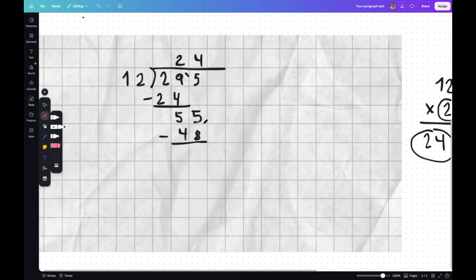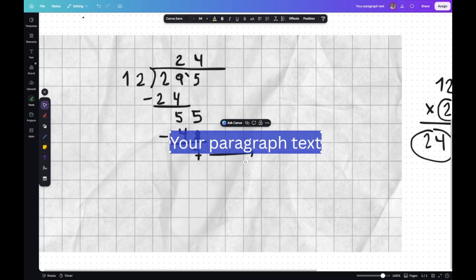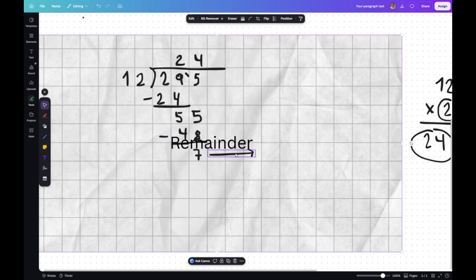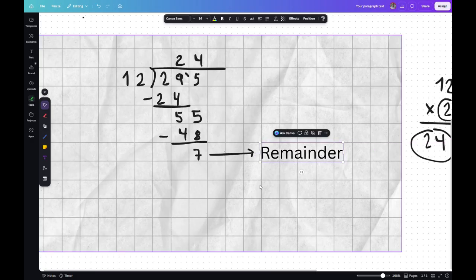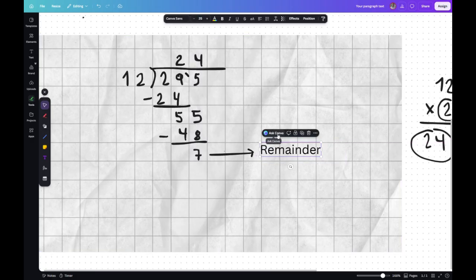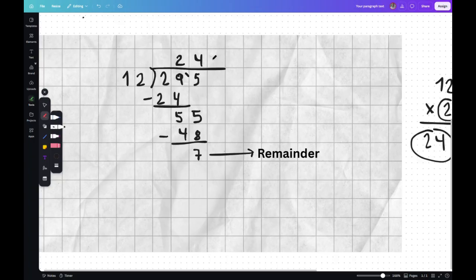After this subtraction is going to be 7, and that's going to be my remainder. This is my remainder. What is left? So now in my quotient I'm gonna write 24 remainder 7.